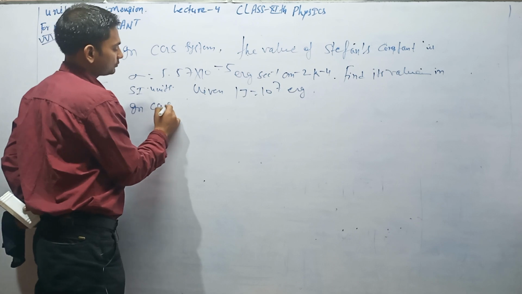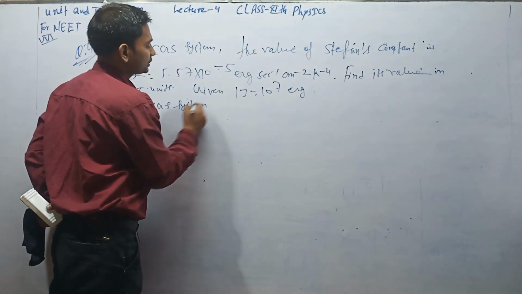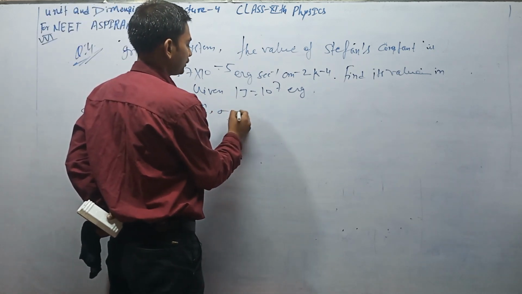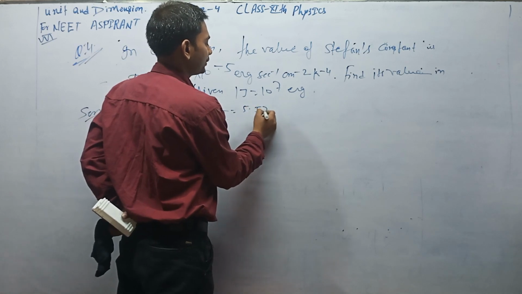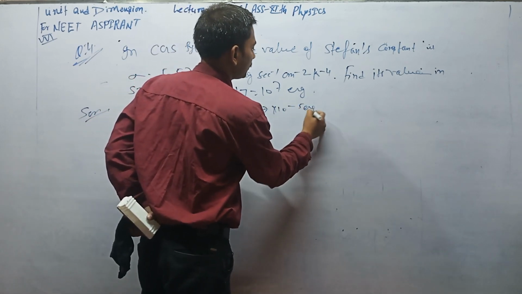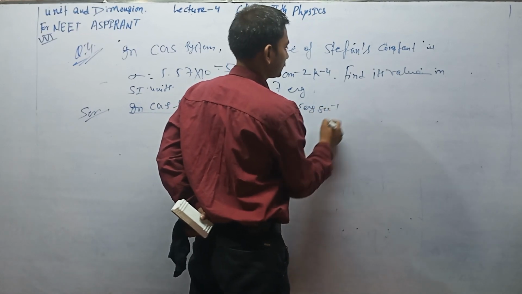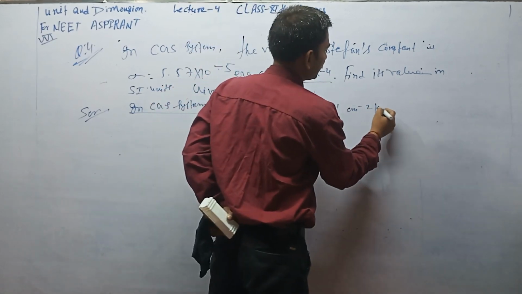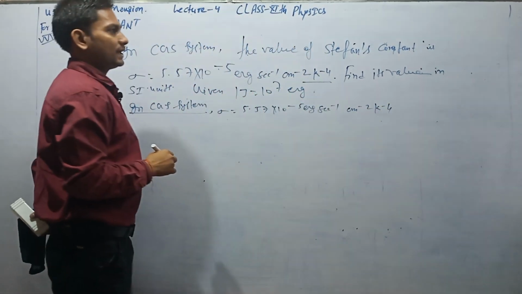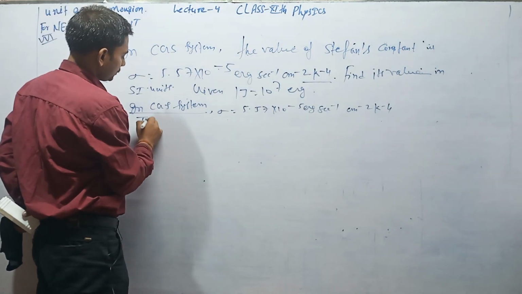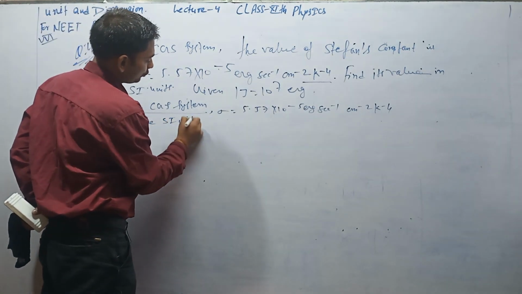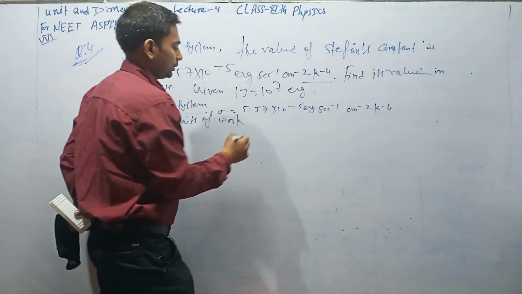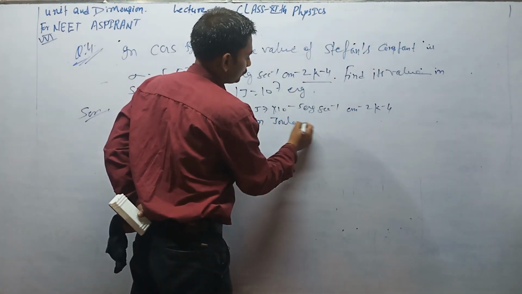In CGS system, sigma equals 5.57 into 10 to the power minus 5 erg second inverse centimeter to the power minus 2 and Kelvin to the power minus 4. The SI unit of work is joule.